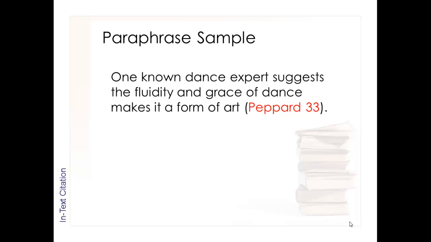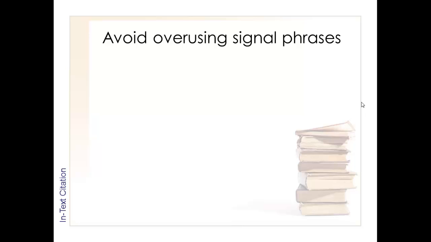And even when I do that, the thing you're going to notice right now is that there are no longer any quotation marks, but I still have the author's name and the pagination identified in the parenthetical citation. And that's really important. Again, I could have put Peppard up here. I could have said Peppard, comma, a known dance expert, comma, suggests the fluidity and grace of dance makes it a form of art. That would have been equally acceptable. And that's how we do a paraphrase.